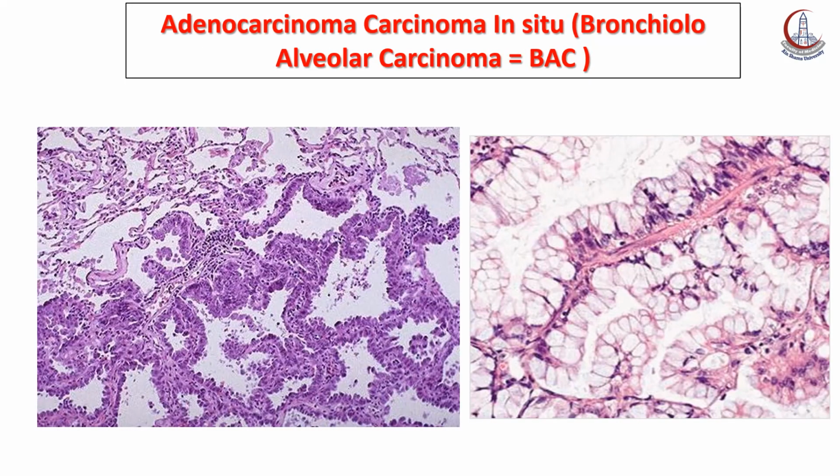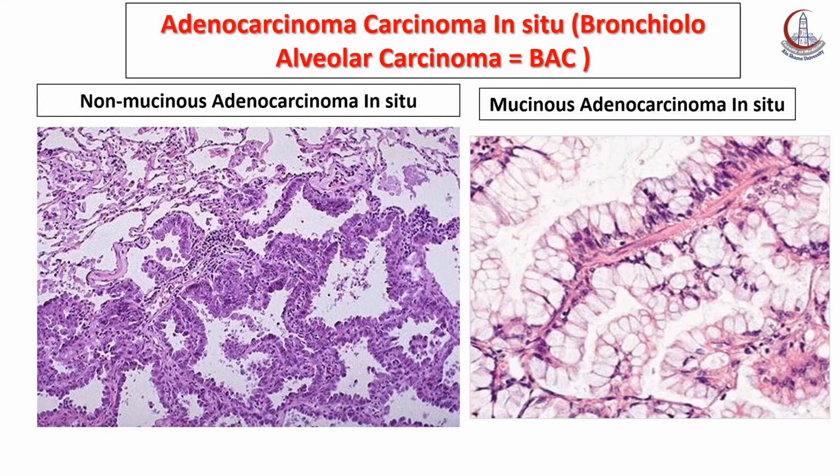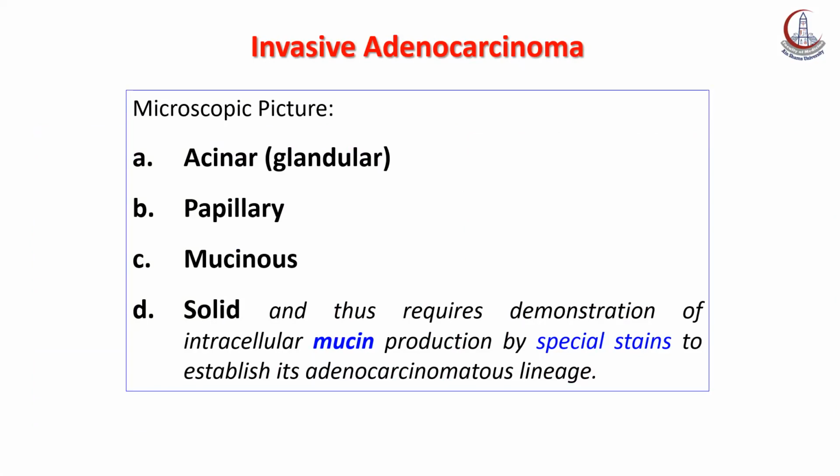This is an example of adenocarcinoma in situ. We have two types, non-mucinous and mucinous. Here we have the alveoli lined by non-mucinous epithelial cells, and the mucinous, the alveoli lined by mucin secreting epithelial cells. Invasive adenocarcinoma having different pattern like acinar, papillary, mucinous, and solid.